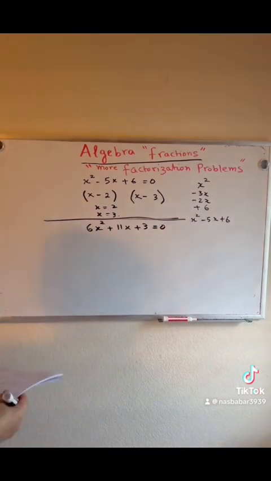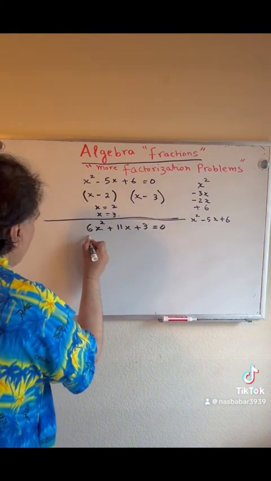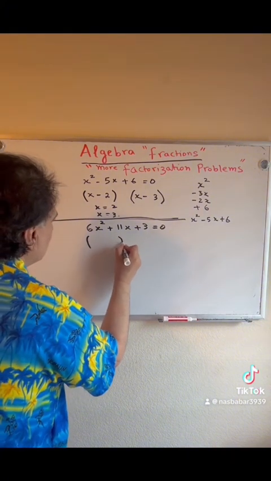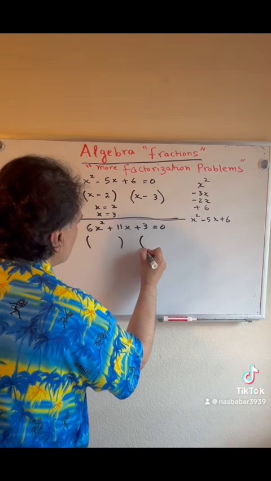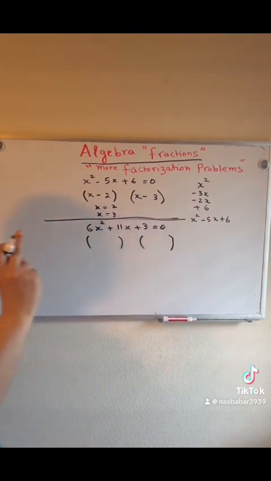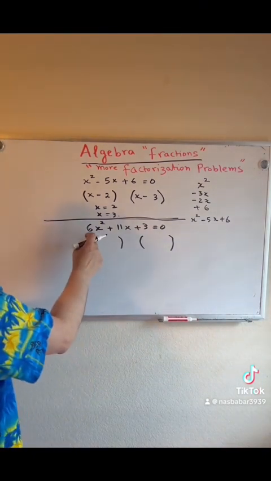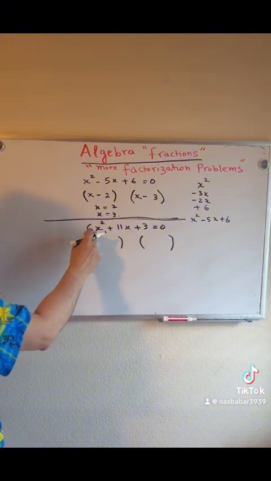All right, easy peasy. First step is, you have a set of brackets, okay, like this. All right, you need to find two numbers with variable which we multiply and we get 6x squared.